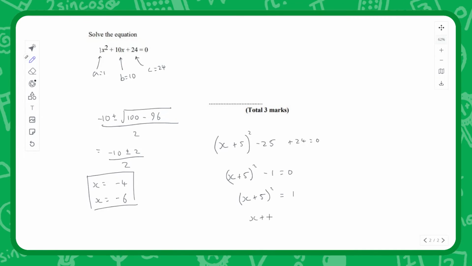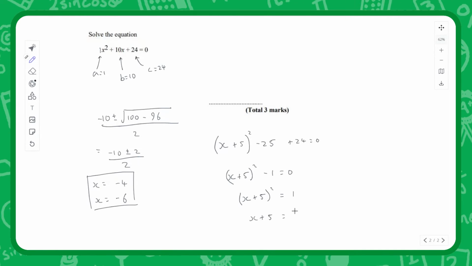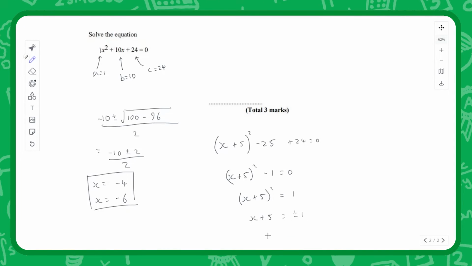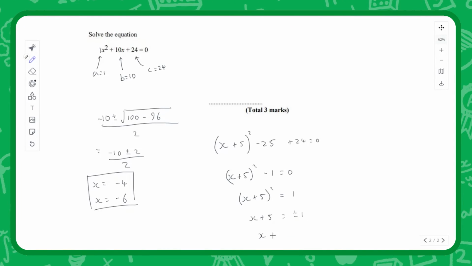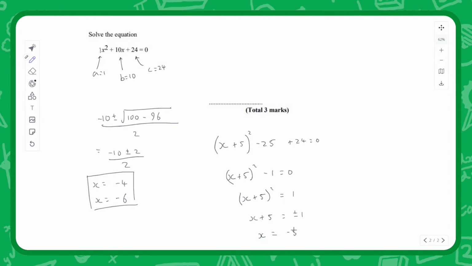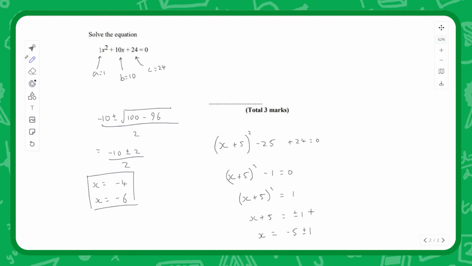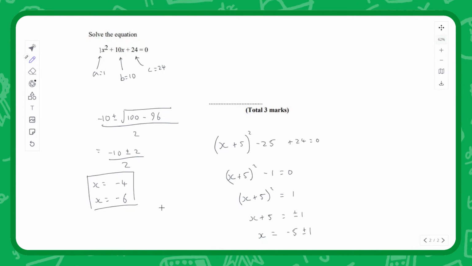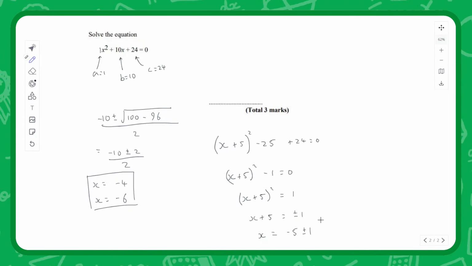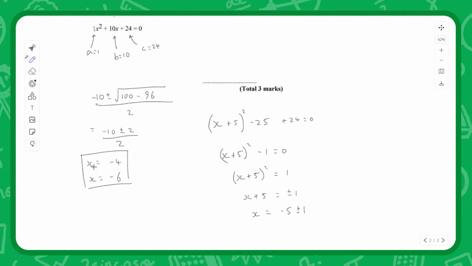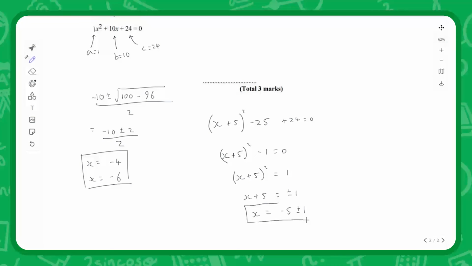If I square root both sides, I get x plus 5 equals plus or minus the square root of 1, which is just plus or minus 1. And I then get, if I minus 5 from both sides, x equals minus 5 plus or minus 1. So obviously minus 5 plus 1 gives me minus 4, minus 5 minus 1 gives me minus 6. So again, we've got the exact same two solutions using a completely different method.